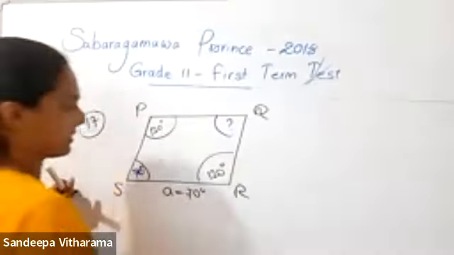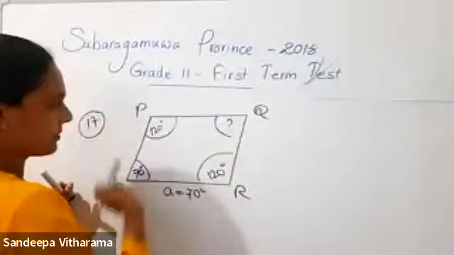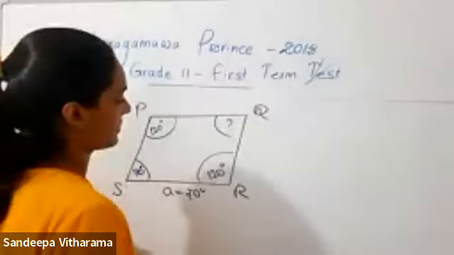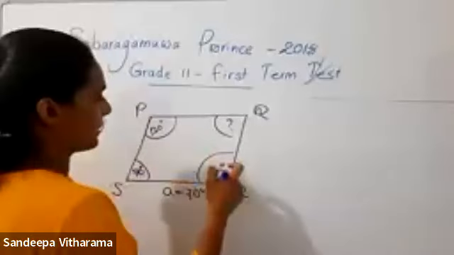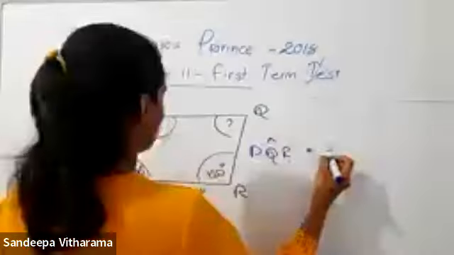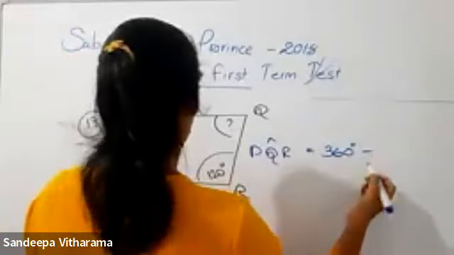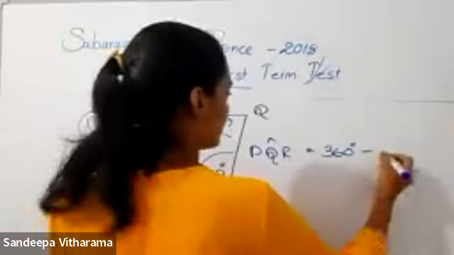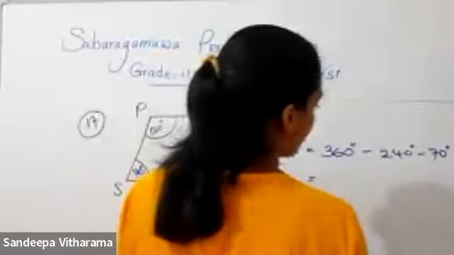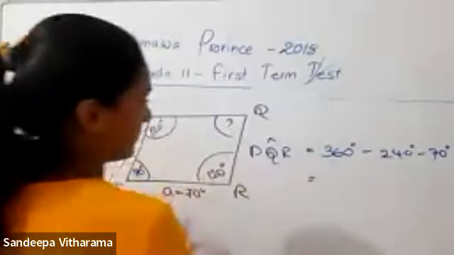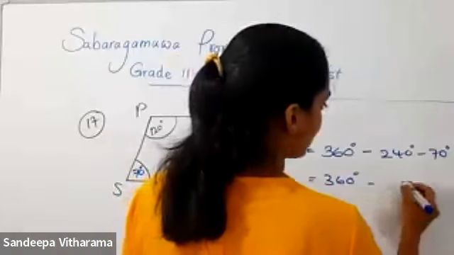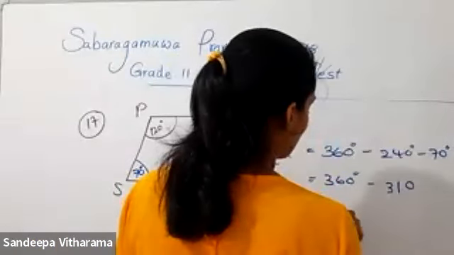We know that the sum of interior angles of a quadrilateral equals 360. So we can find PQR by subtracting from 360. 360 subtract 310, then the answer is 50.